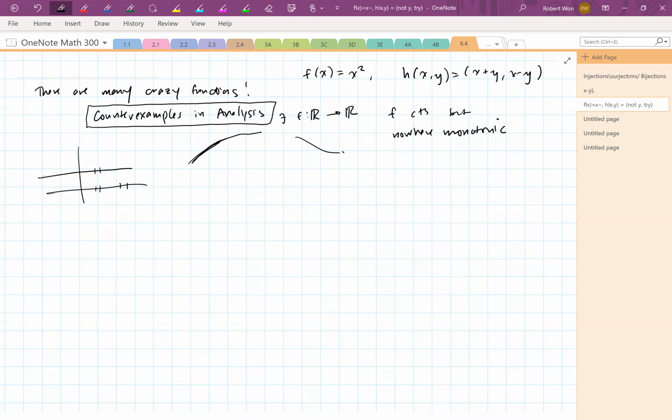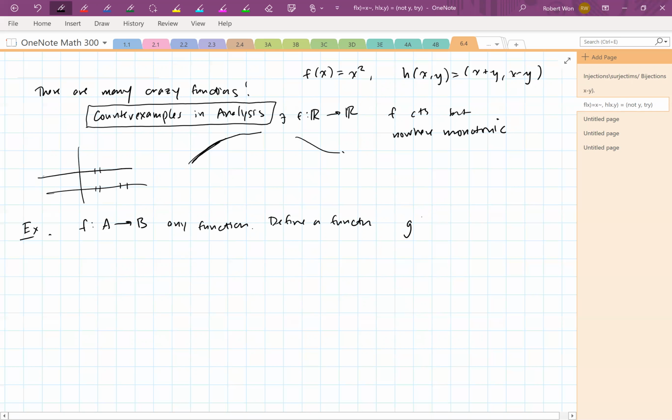So let me give you an example of a more interesting function that we can think about, at least a little bit more interesting. So suppose that f from A to B is just any function. Any function you want. You could take x squared from R to R. But let's now define a function g that goes from B to the power set of A. How am I going to define this?